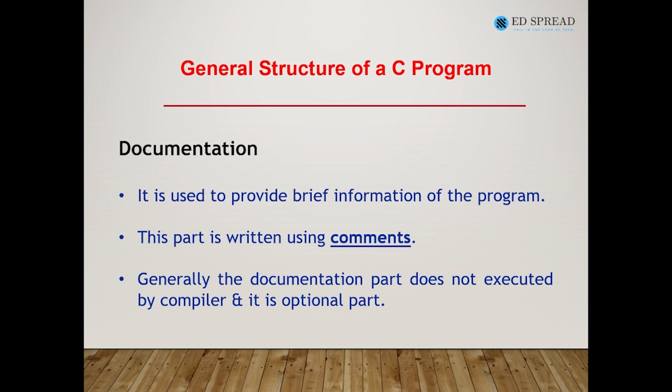The documentation part does not get executed by the compiler, and it is optional, but it is a traditional and recommended part so that you can easily understand what the program does.